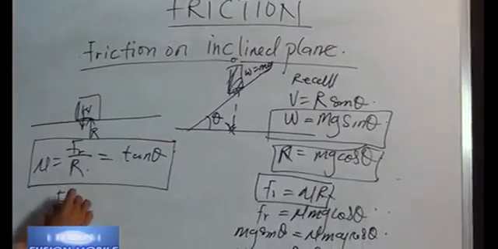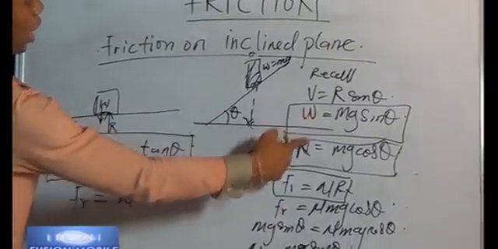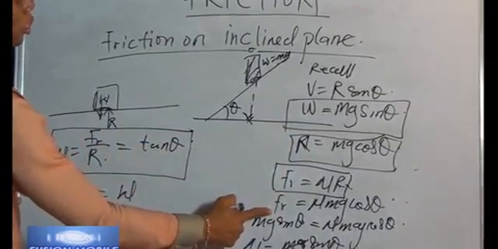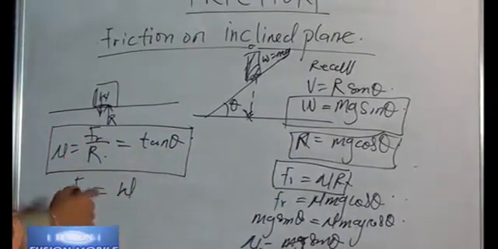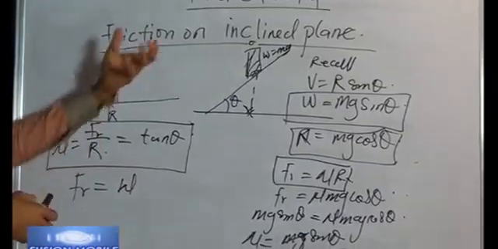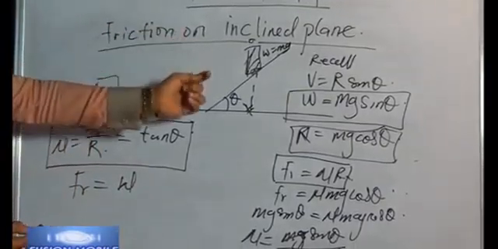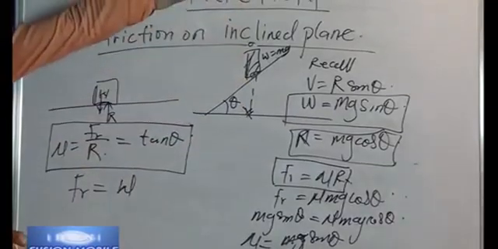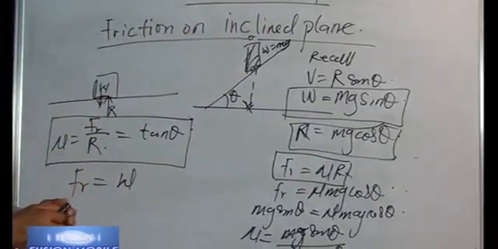And at that point, we'll say that frictional force is equal to weight on the plane. That is why here we're using weight, and here we are now able to use friction, because both are the same, because it's neither sliding nor pushing up. But now we'll look at the case when the body is either pushing up or sliding down.